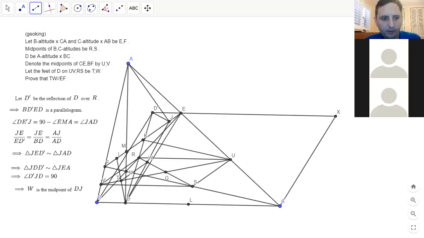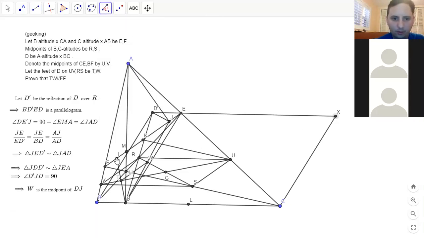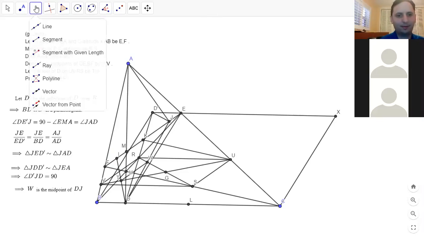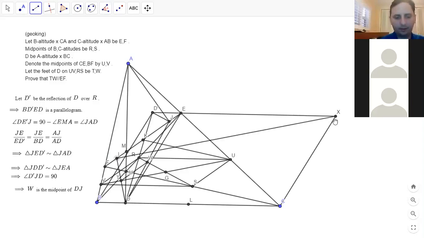Okay, so here we had D'JD was 90. Maybe I want to show XID as 90 degrees. Let's see if that's true. Yeah, okay. So instead of D'JD, now I want to show XID as 90.